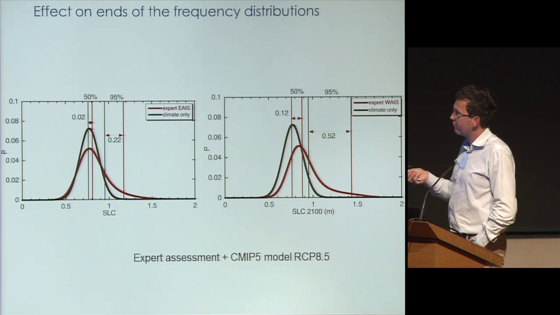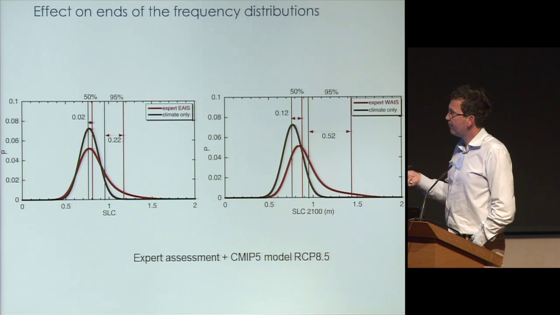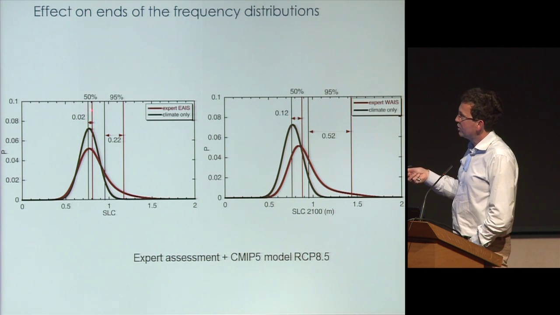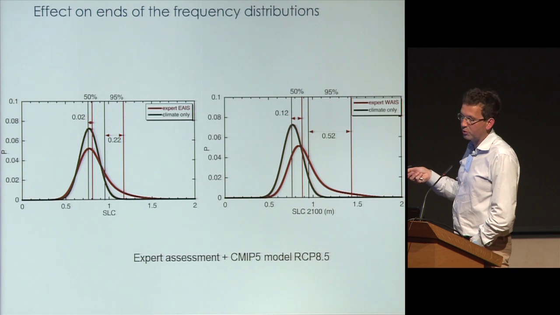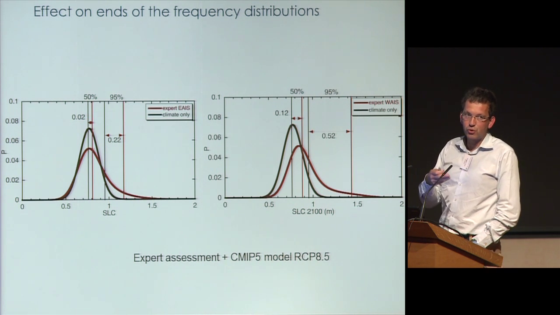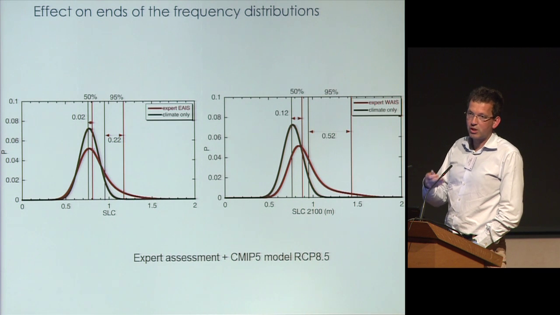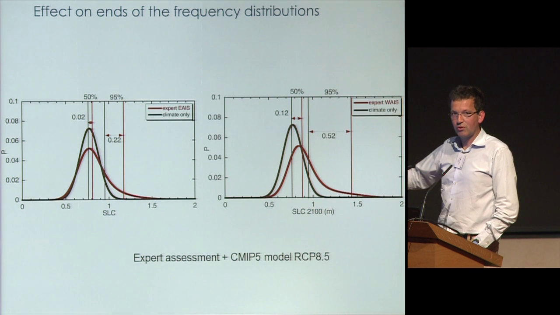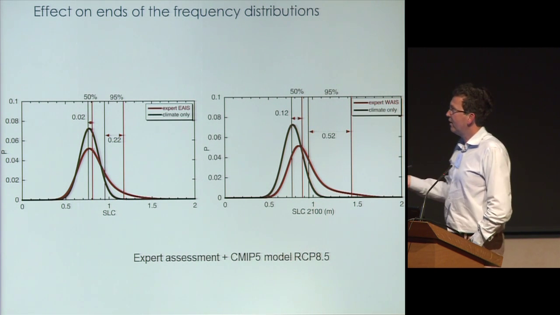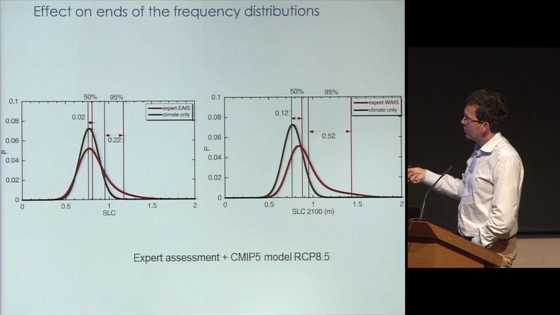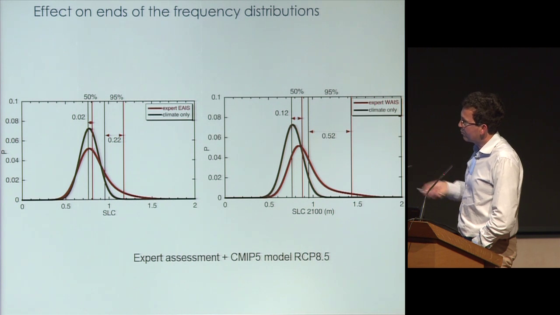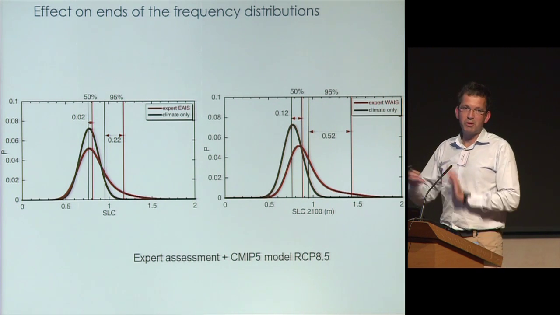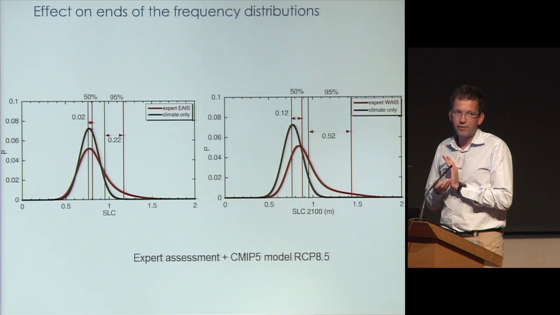But if you do that carefully, the main thing you can see is that the shift in the median is only very small, because the East Antarctic ice sheet does not contribute much, according to this expert assessment, to sea level rise in the next century. But there is a large uncertainty at the upper end, and that is shown here by this number 22. So the median is only shifting by 2 centimeters, but the 95% confidence level is shifting by 22 centimeters.